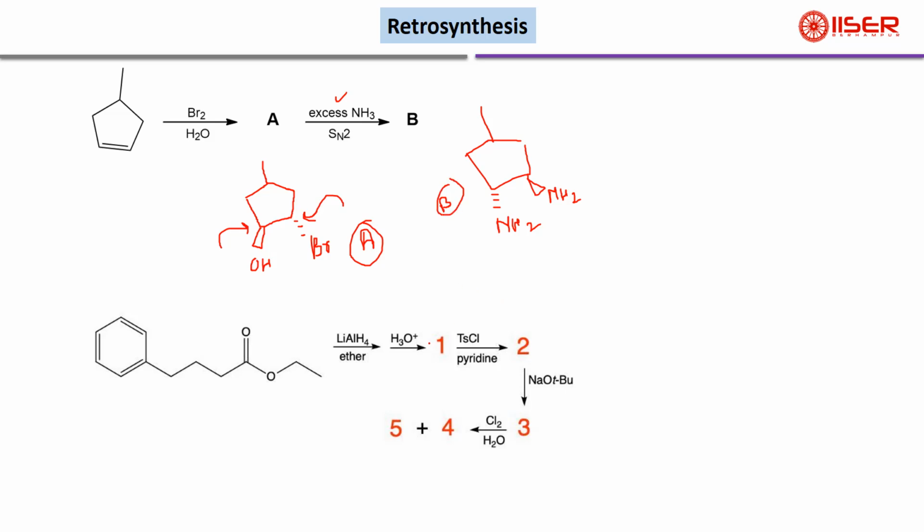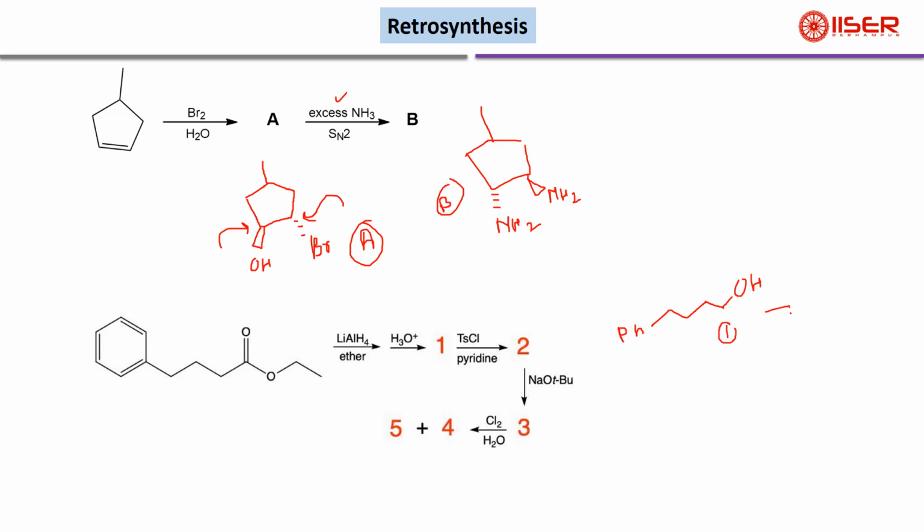What will be 1? If you add lithium aluminum hydride, what will happen? The ester will be reduced, followed by H plus, so it will be reduced to alcohol. So this is 1.